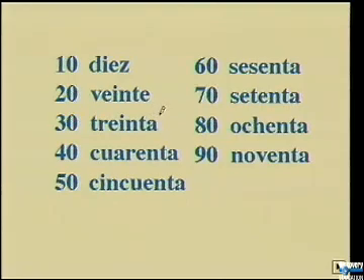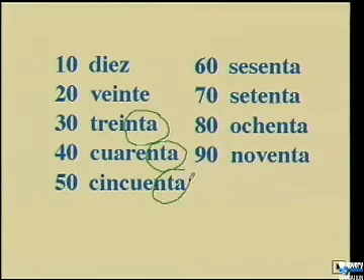Now, you see a lot of these numbers in the tens group end with this same -nta ending. You see all this? A lot of times, the first part is related to the digits from the ones that we talked about, from 0 to 9.